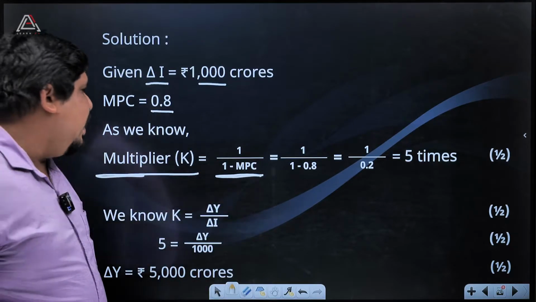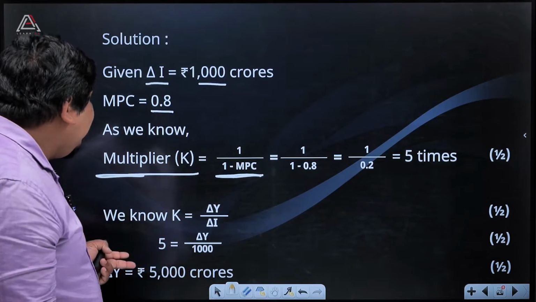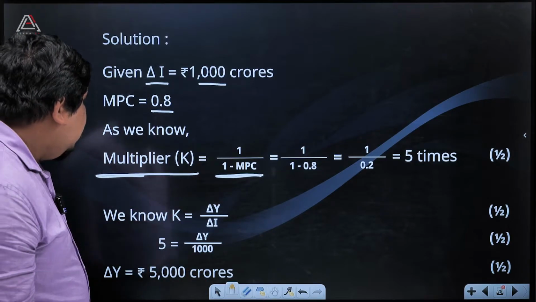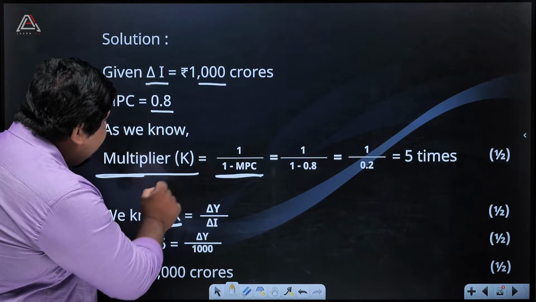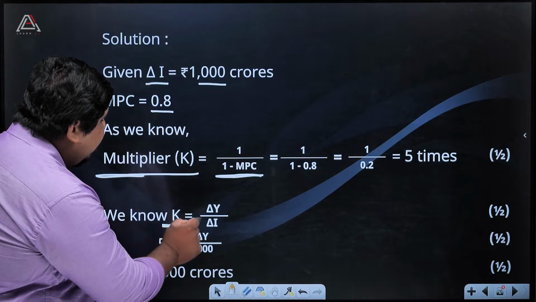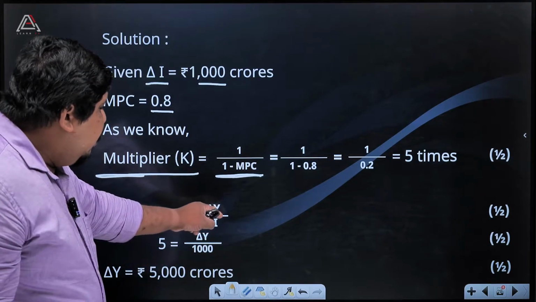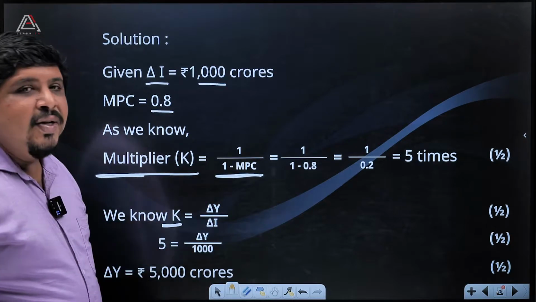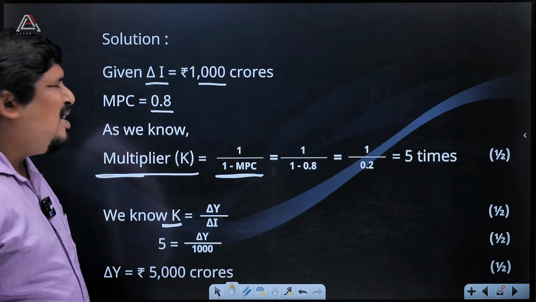We got MPC there. Once we calculate the multiplier, we are getting this. So multiplier K, that's why we are writing multiplier here. The multiplier K is change in income divided by change in investment. First of all, we need to find out the multiplier.